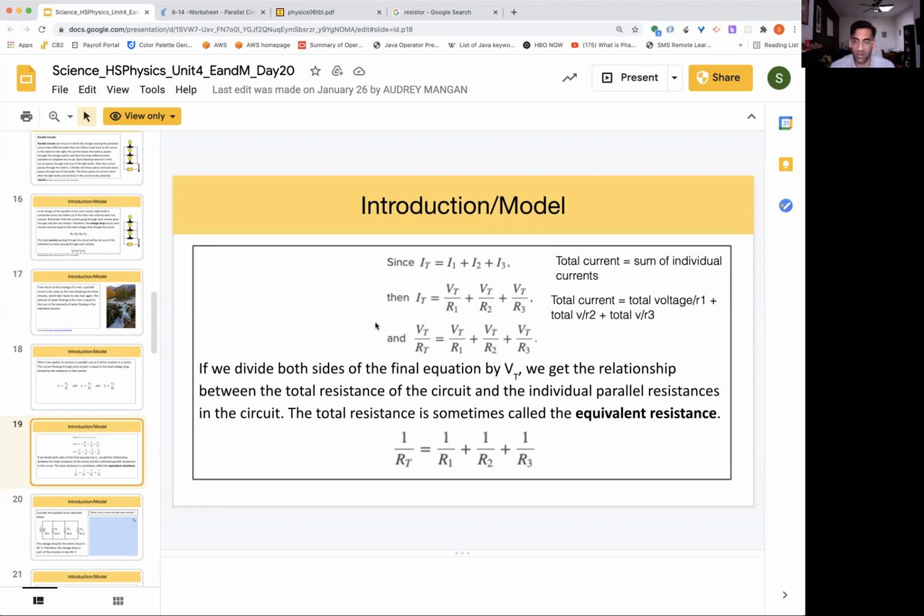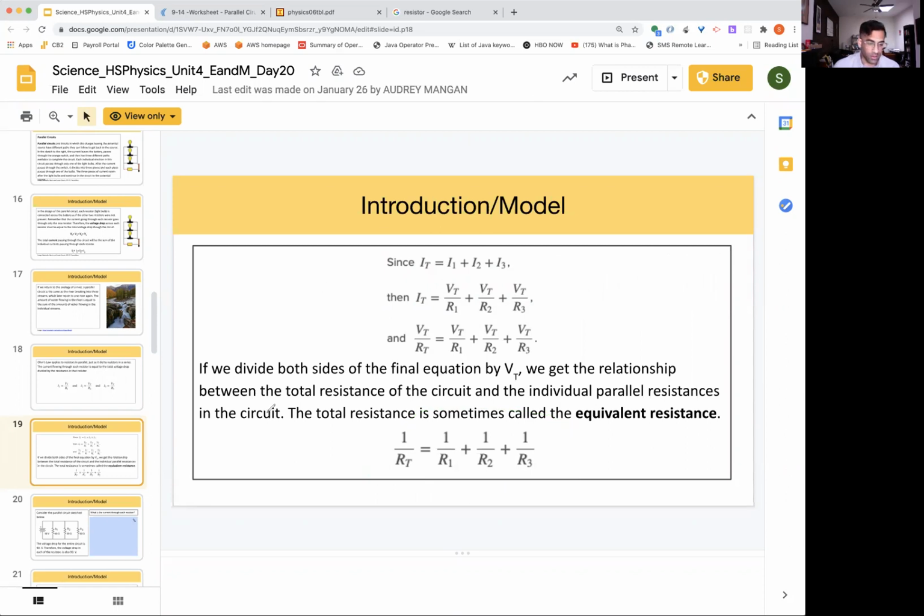And once we set up that relationship, we can eliminate that VT by dividing it on both sides, and we end up with this relationship here. 1 over RT is equal to 1 over R1 plus 1 over R2 plus 1 over R3 dot, dot, dot, plus 1 over Rn, depending on how many parallel branches we have set up in this overall parallel circuit.